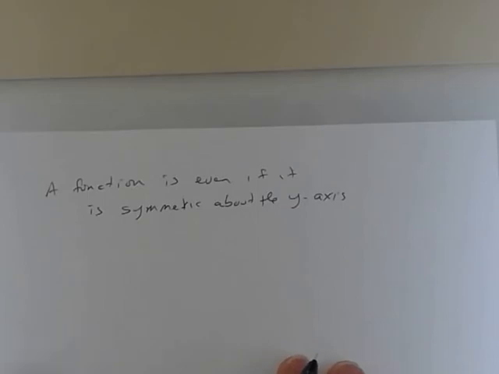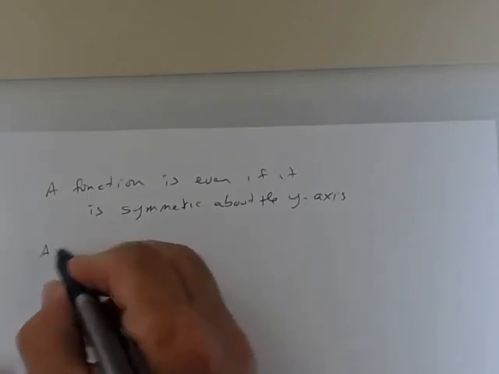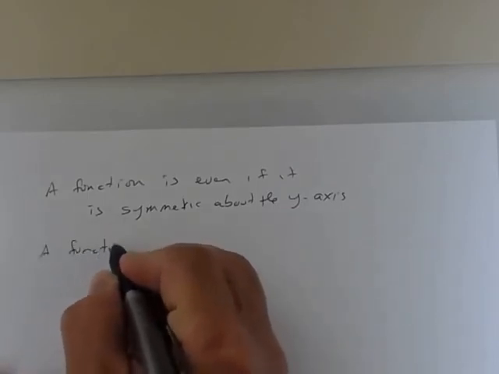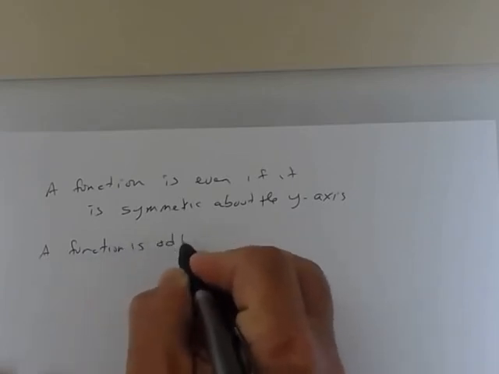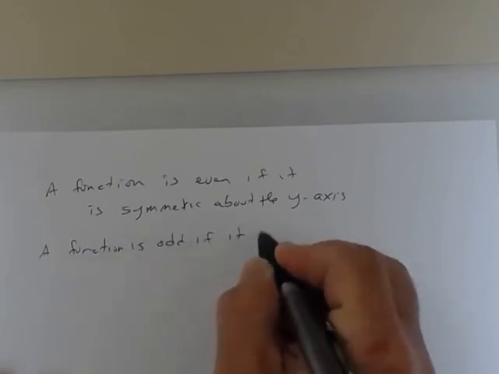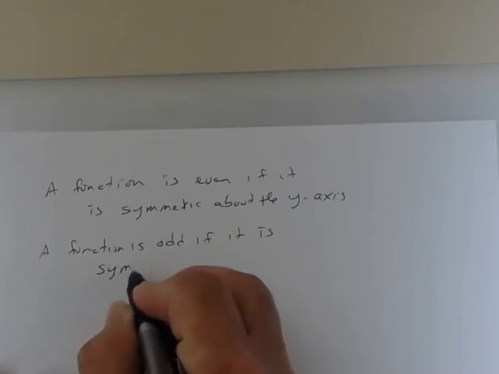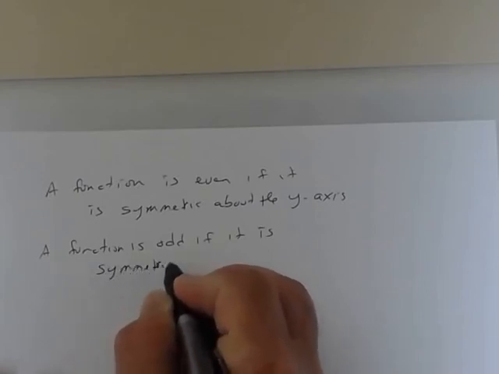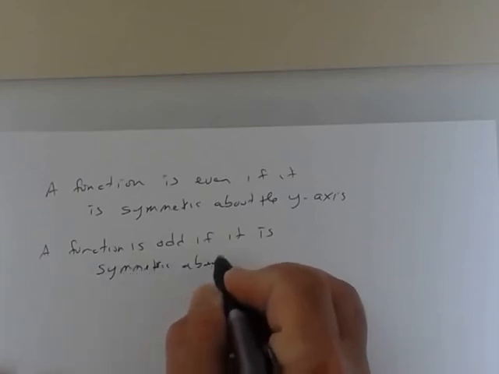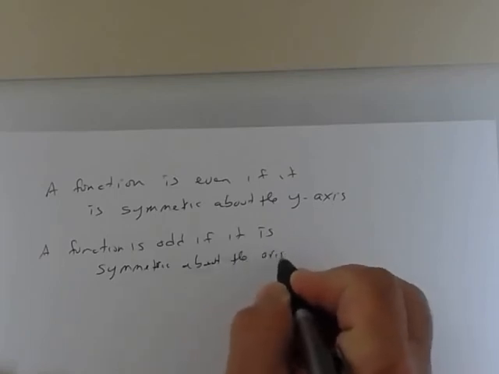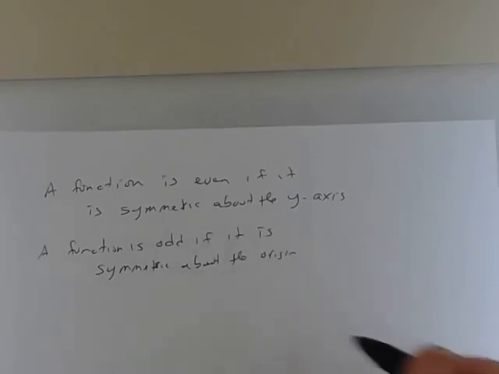A function is odd if it is symmetric about the origin. So a function is even if it's symmetric about the y-axis. A function is odd if it's symmetric about the origin.